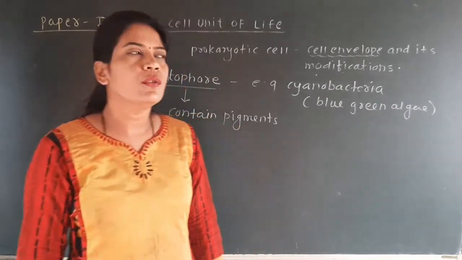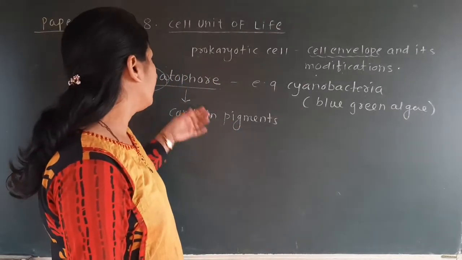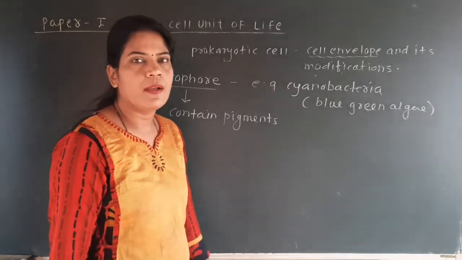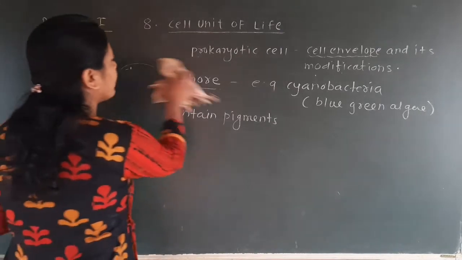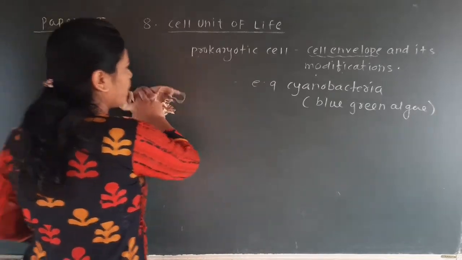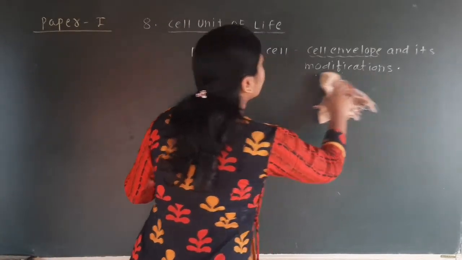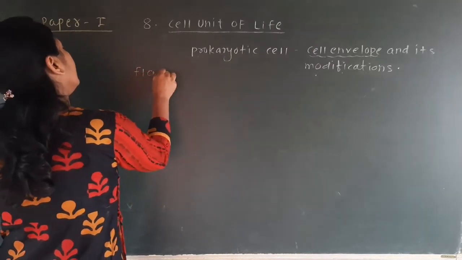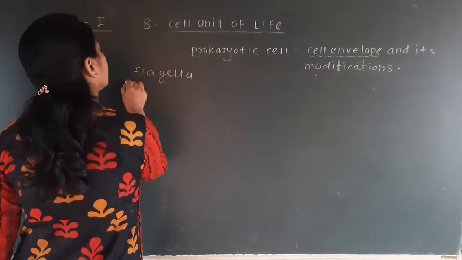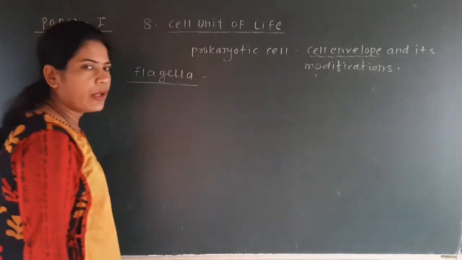Okay students, so here we have completed the point cell envelope. Now the third point that we are going to discuss is the flagella. So flagella is another modification which you will find in the prokaryotic cell.